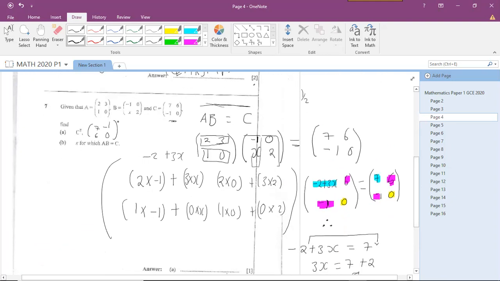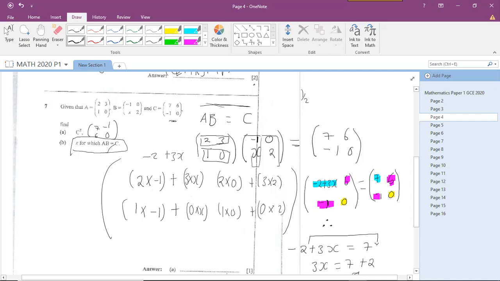So step 1, I told you we're trying to solve this. I told you that a matrix can multiply by another matrix. So here the equation says, find the value of x for which matrix A multiplied by matrix B is exactly identical to matrix C. So we wrote the equation here.